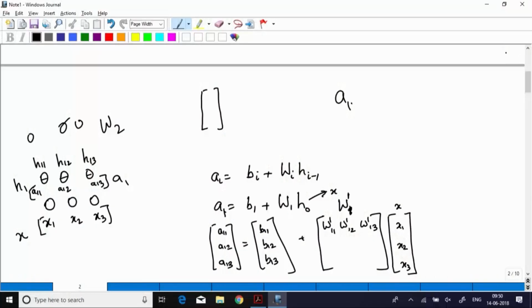So now given this product that I have written, can you tell me what A11 is going to be? Anyone has a difficulty with this?